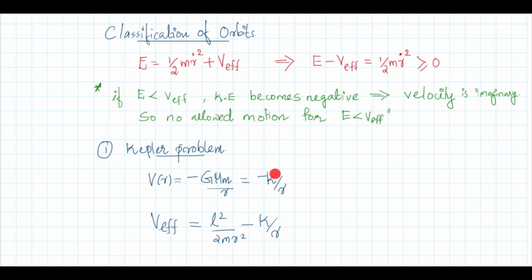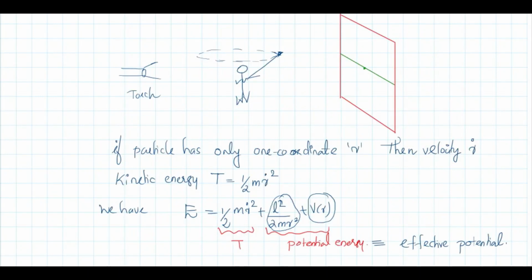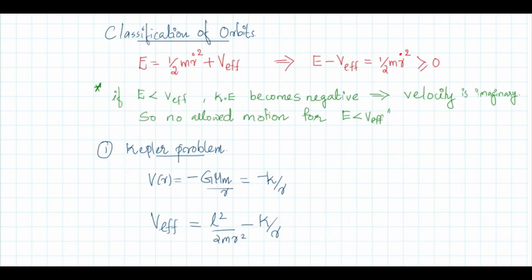If the potential energy has this form, then it is known as the Kepler potential, and the problem is known as the Kepler problem. Then V effective is defined as L square by 2m r square plus the actual potential energy of the problem. Here the actual potential energy is minus k by r. So V effective is L square by 2m r square minus k by r.